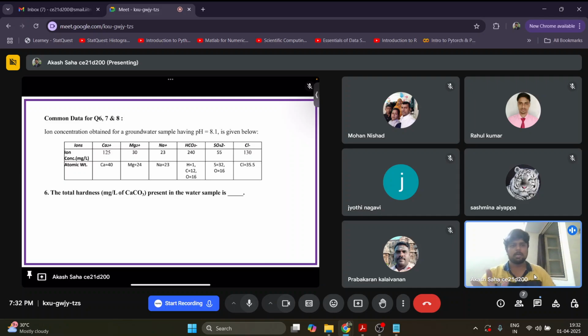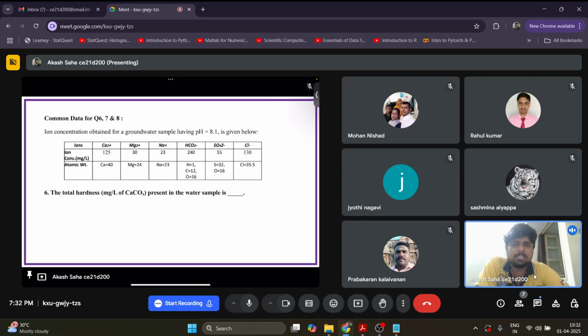Can someone tell me how to approach this problem? Any idea how to approach this problem? What is the first thing we need to do here? This is a very frequently asked question in the examination. I think in your final exam also definitely one question will be of this sort.